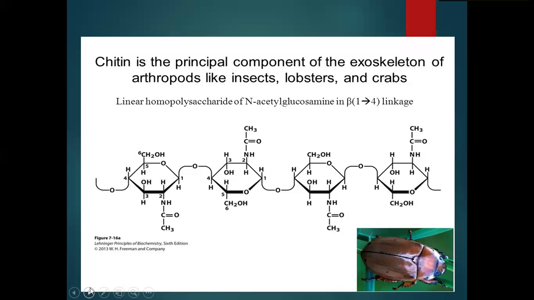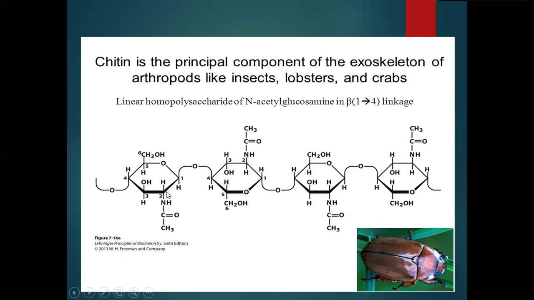Chitin is a principal component of the exoskeleton of arthropods like insects, lobsters, and crabs. It is a linear homopolysaccharide of N-acetylglucosamine linked together in the beta-1,4 linkage. This is N-acetylglucosamine.